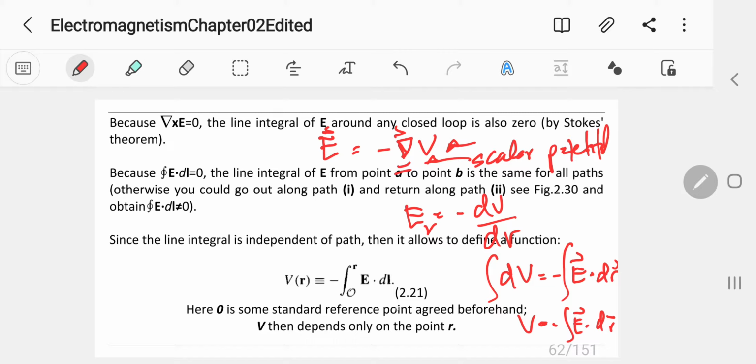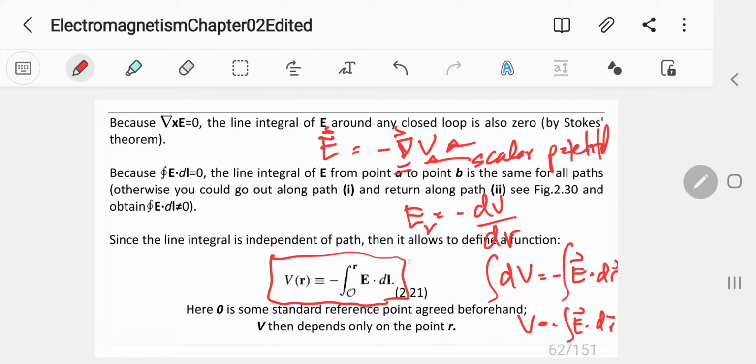And in general, E could be in a different direction, so your dr would have to be generalized into dl. So we define our potential to be this one here. But we have to take note of the limits here.